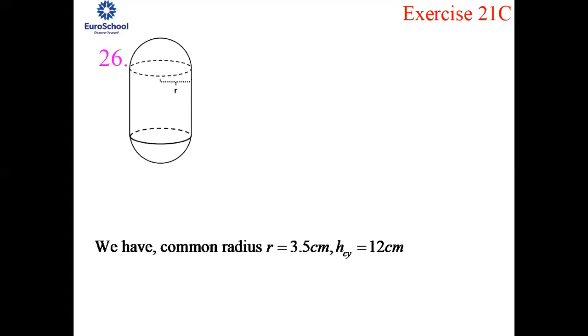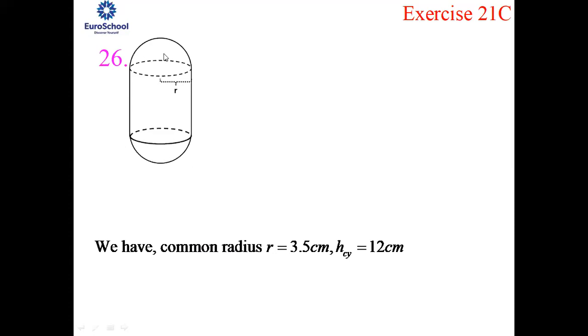I'll read it out. A solid is in the form of a cylinder with hemispherical ends. The total height of the solid is 19 centimeter and the diameter of the cylinder is 7 centimeter. Find the volume and surface area of the solid. So what is being given? You have a cylinder over here and two hemispheres, one on top and one at the bottom.